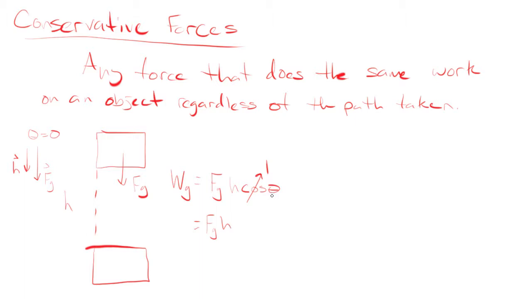All right. Now, if I were to move that object in a different manner, let's say I move that object, instead of going straight down, first I moved it over here to the right. So we went like that.